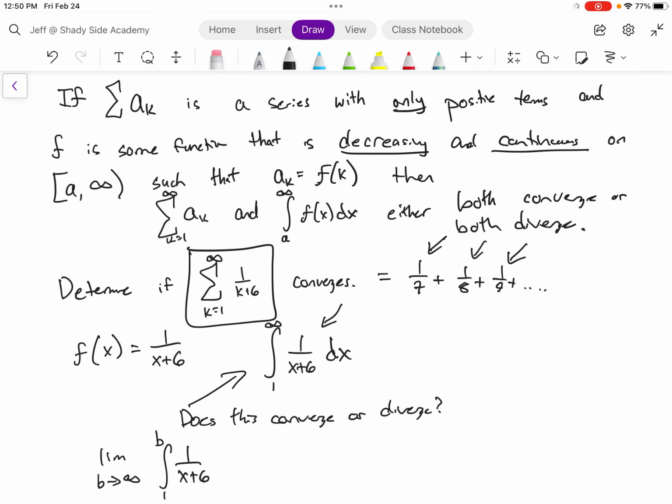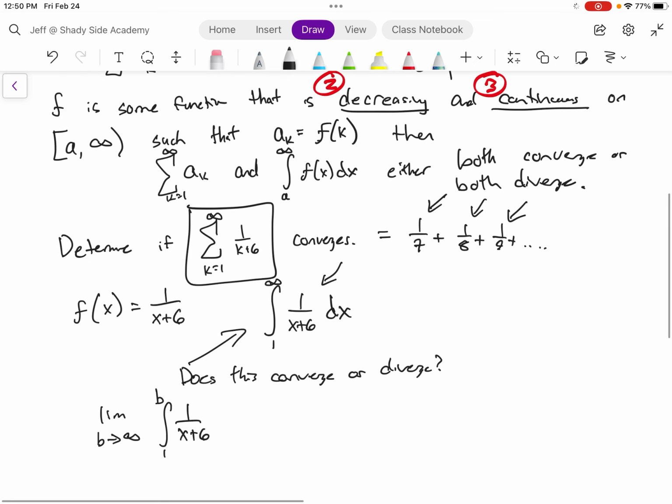And lastly, this original series does only have positive terms. So we can use the integral test to decide whether something converges or diverges. We need all three of these criteria, 1, 2, and 3, in order to use it, just like we needed a geometric series to use the geometric series test.